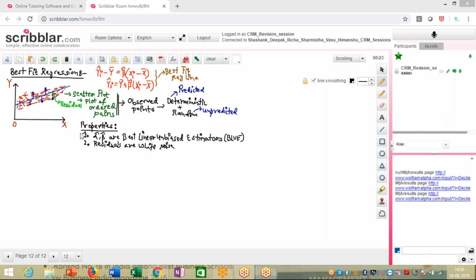Once you see this proof, I'll be doing a small algebra of 5-6 lines, like yesterday when we also did some algebra. This is important to assign a quantitative importance, because that algebra will connect you back to a set of assumptions which ensure this property of the best fit regression line.